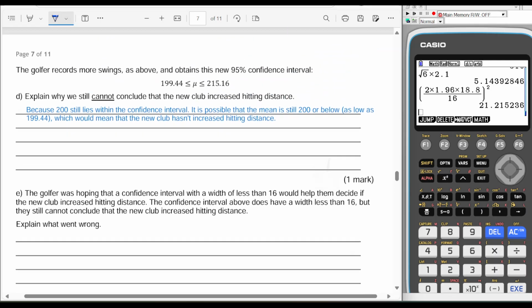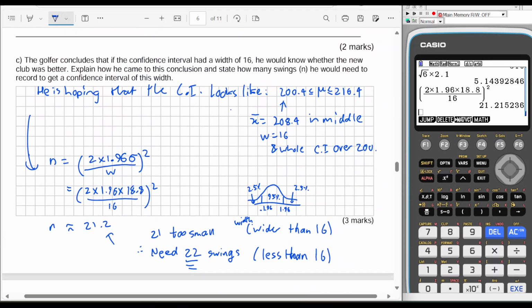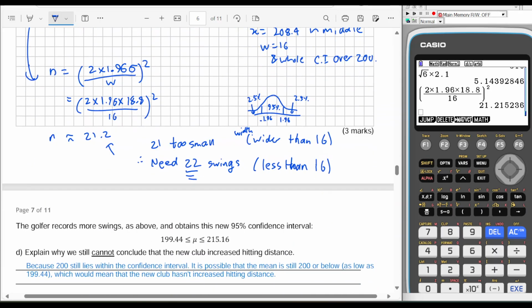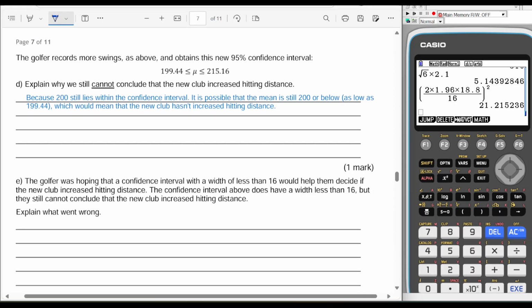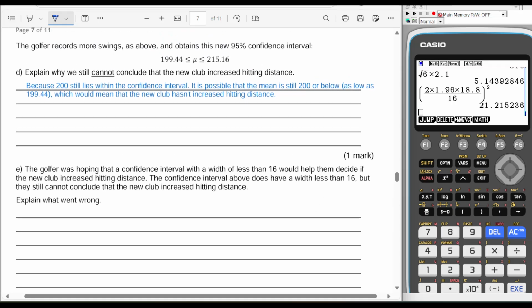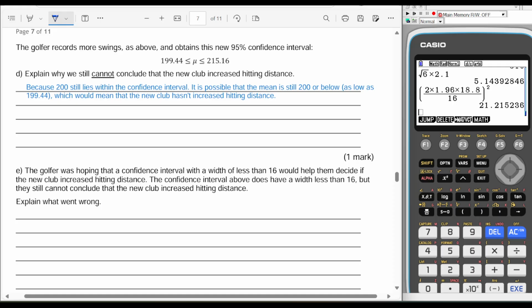Okay, so what went wrong? We were hoping that the confidence interval would look like this, with a width of 16, and we would have been able to conclude that it was over 200. But 200 still lies in the confidence interval, so what went wrong? The key here is working out the sample mean. For this confidence interval, the new x bar value is the average of the lower and the upper.